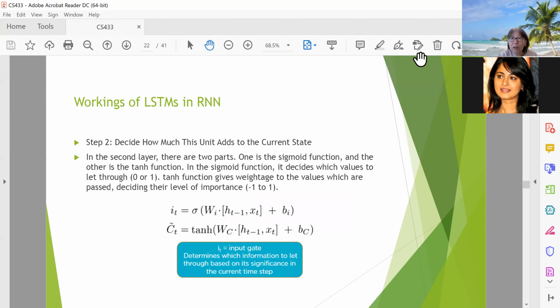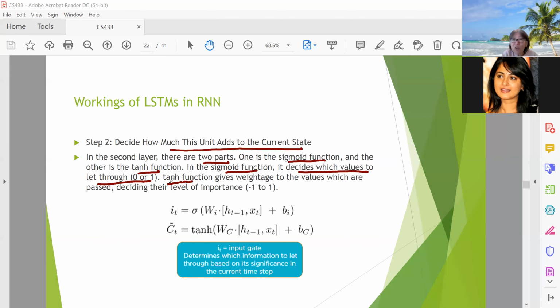Then what's next is it's also going to decide how much this unit is going to add to the current one. There are two parts: one is the sigmoid, the other is the tangent part. The sigmoid as usual decides which part you can let go.